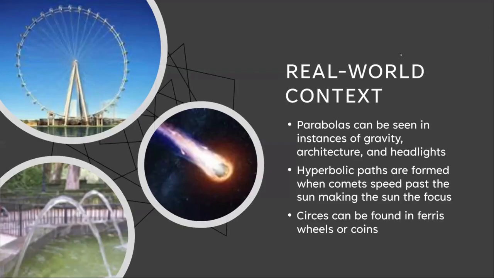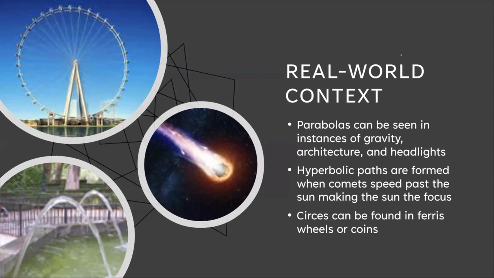So a little real world context. These conics can be seen pretty much anywhere in life. For example, parabolas can be seen with the sense of gravity, such as throwing a ball, or a water fountain that shoots up in the air and will come down.